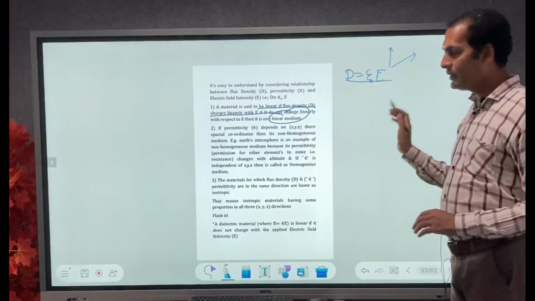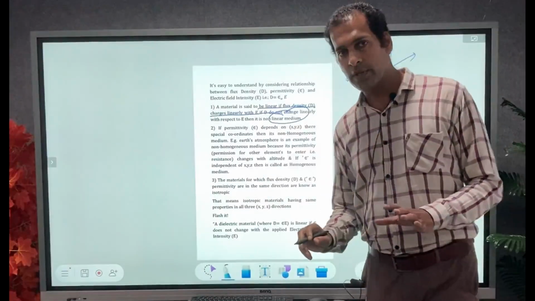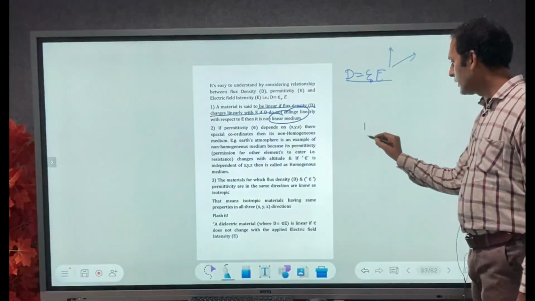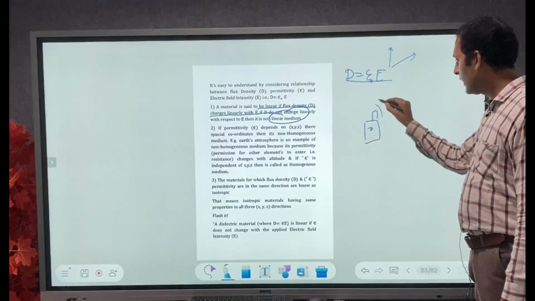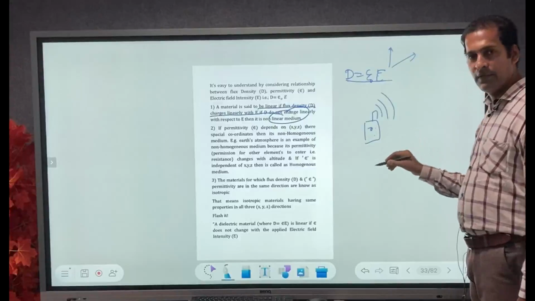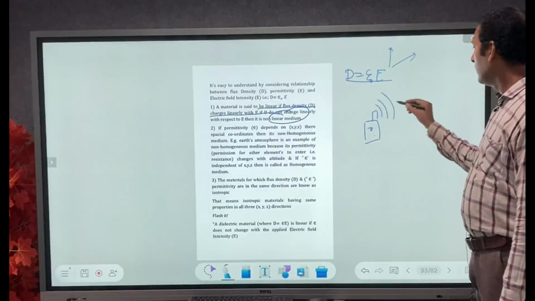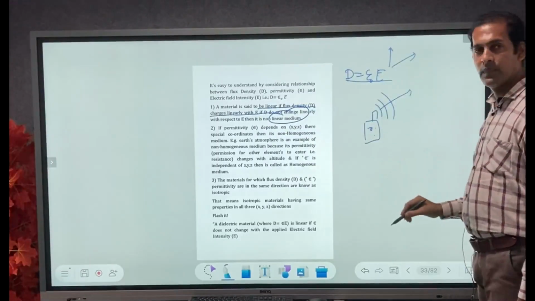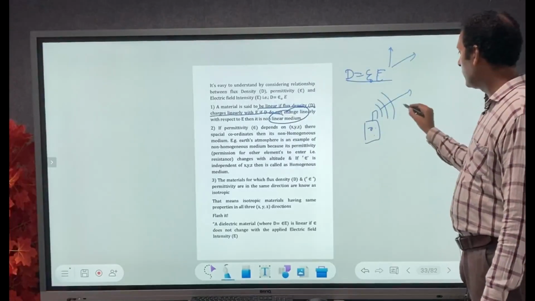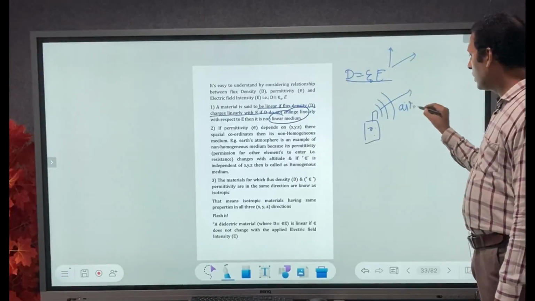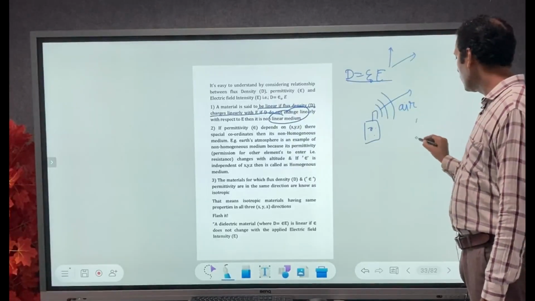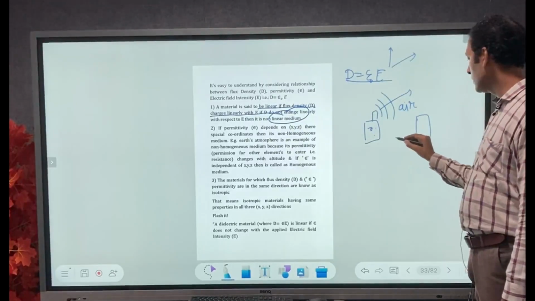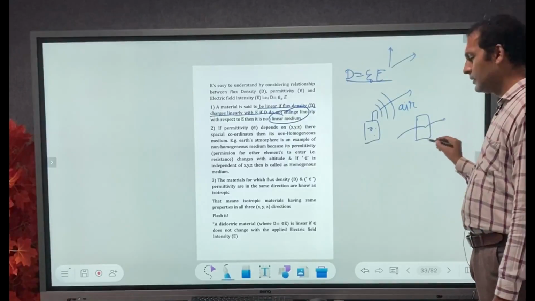So why this is important, let me explain. Suppose we are calling someone from a mobile phone. Mobile phone signals will start from the mobile and enter into the medium. Medium is a dielectric area, say air. Now it will not only pass through the air. If you call someone from your classroom, it may have to cross the wall or some glass.